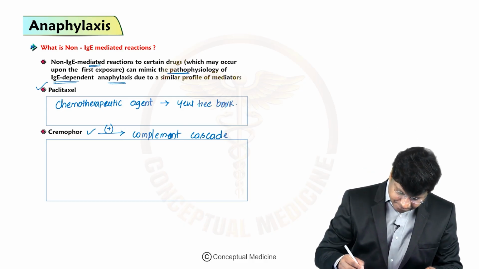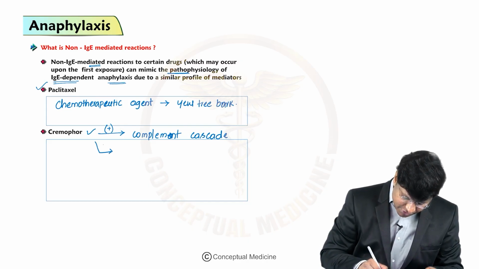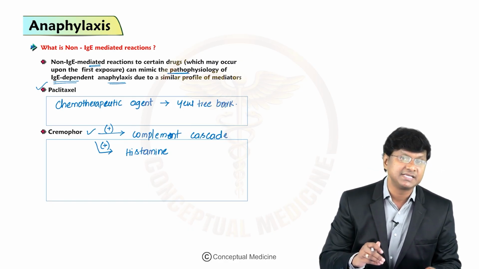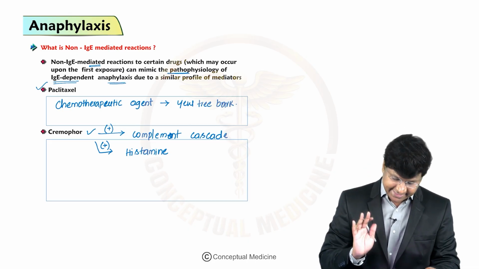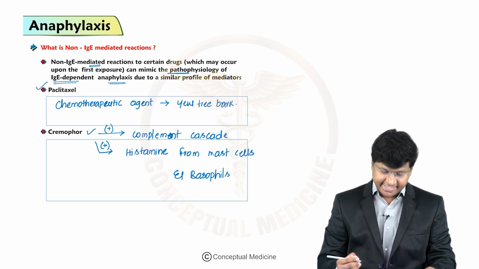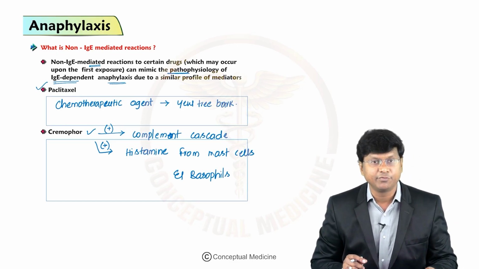So basically, this chemophore will also cause the release of histamine from the mast cells and basophils. That is what the chemophore does.